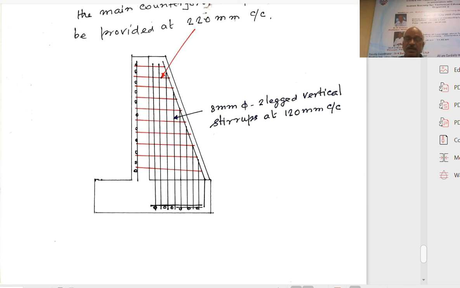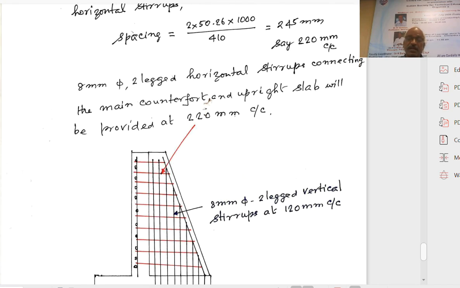The horizontal stirrups are connecting the upright slab and the main counterfort. That is provided in the form of 2-legged horizontal stirrups of 8 mm diameter at a spacing of 220 mm center to center. So that completes the design of the counterfort retaining wall.